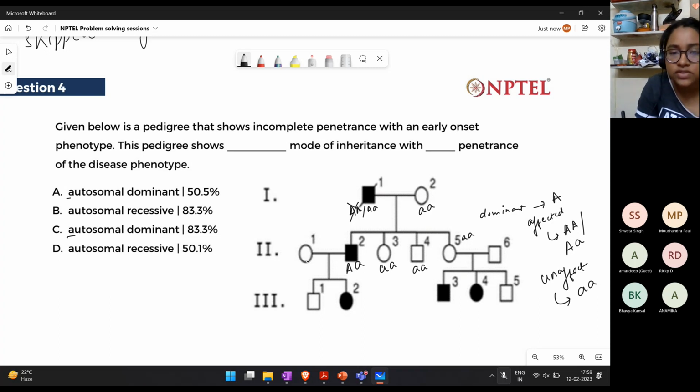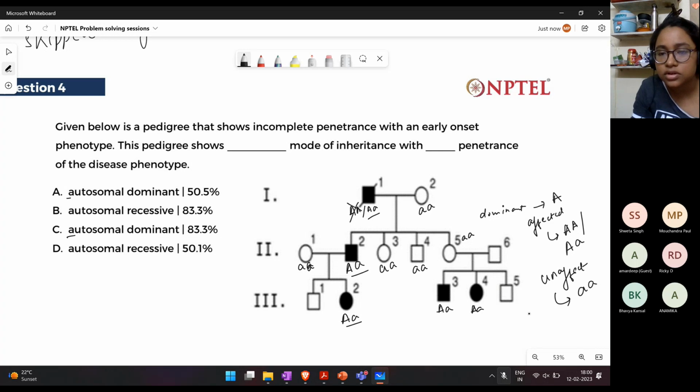Okay, now look at this family. Here, a normal individual will have small a, small a, and when you cross small a, small a and capital A, small a, we can get this affected. So the genotype of the affected individual right now is coming to be capital A, small a. Okay, so the same will be true here as well.